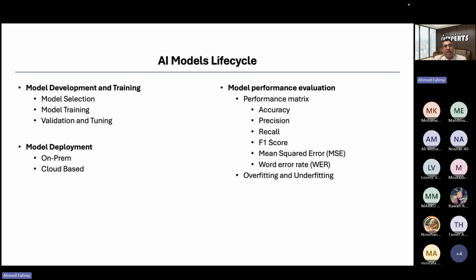Some of the KPIs are on the right-hand side, which are usually common for organizations to measure the effectiveness and the robustness of the existing AI systems.